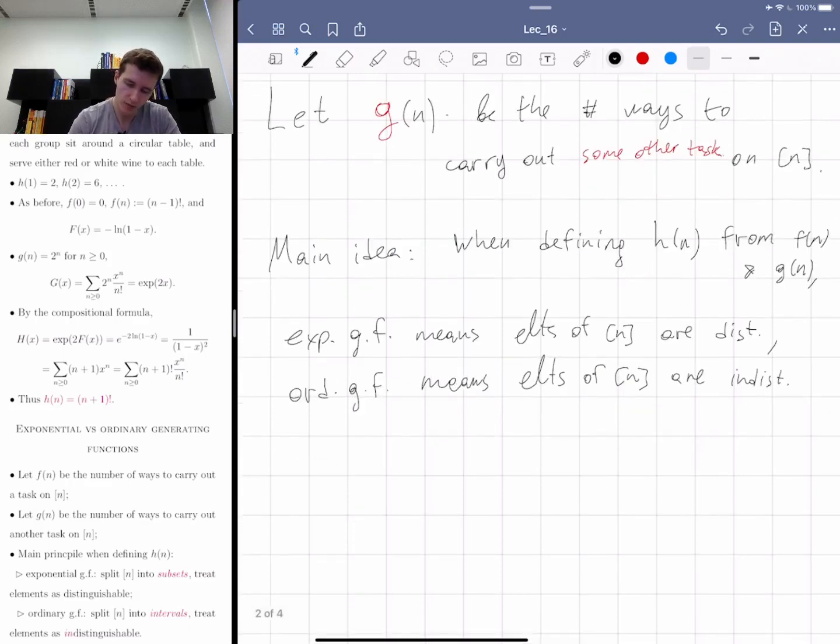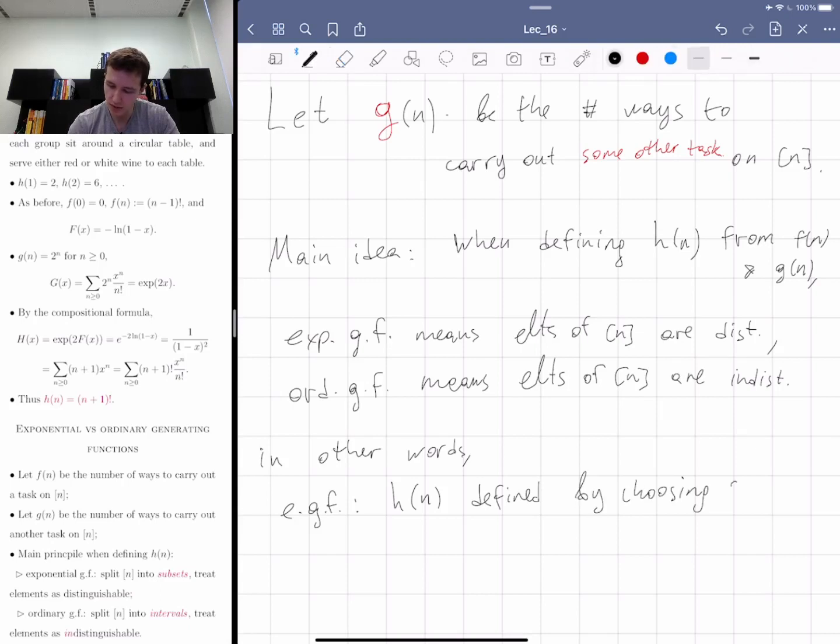Or in other words, for the exponential generating function, h of n is defined by choosing subsets of bracket n, which could be empty or non-empty, unordered or ordered, but it matters which subsets you choose.